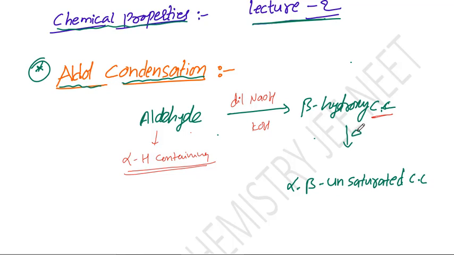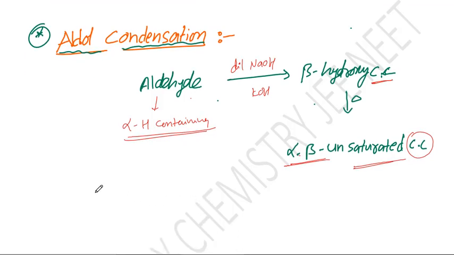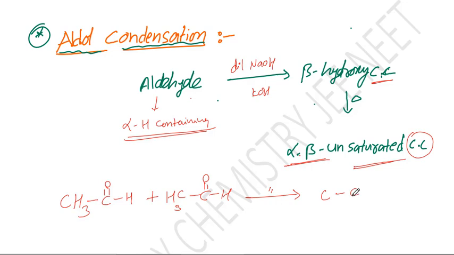Further, by heating, it produces alpha beta unsaturated carbonyl compounds. I will write one example here. Suppose I take acetaldehyde, 2 moles of acetaldehyde reacting in the presence of dilute NaOH, I will get a beta hydroxy carbonyl compound.